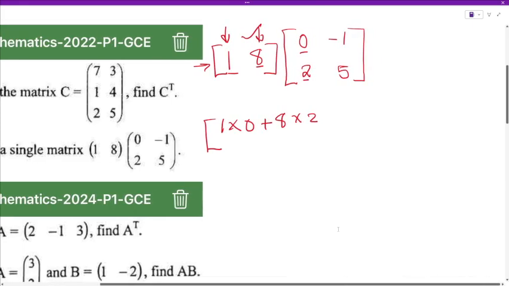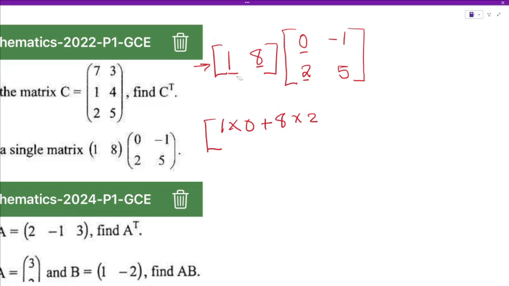Again it will be the same values from the first matrix. So I'm going to say 1 times -1, 1 times -1. You can list that like that, or you can say 1 times -1.